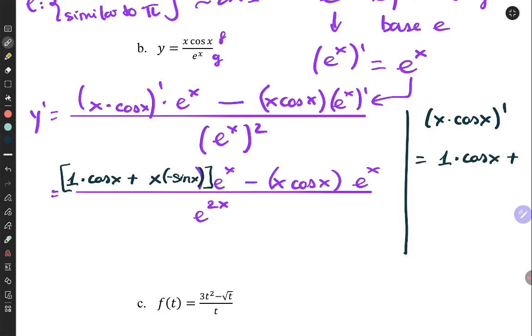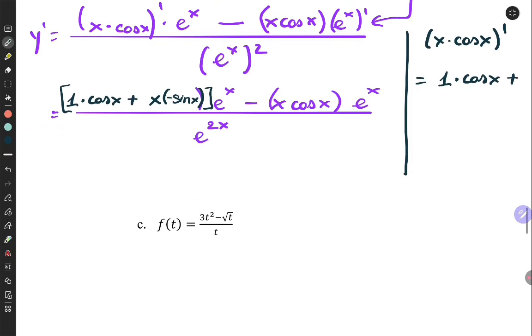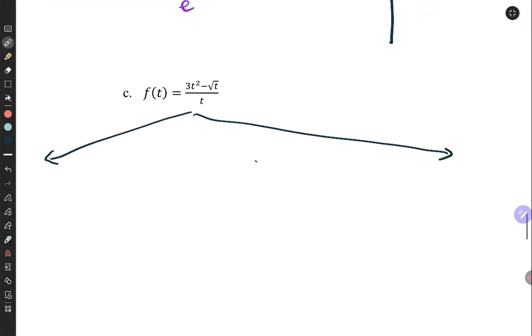Okay, next one. This problem, I want you to do in two methods, two directions. In other words, you're going to do them one by one. One of them, I give you the idea right away. We are in quotient rule, so yes, one of them will be quotient rule.